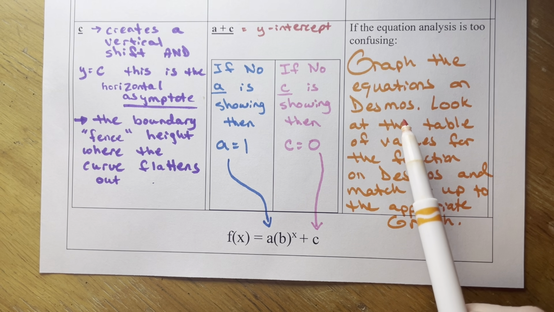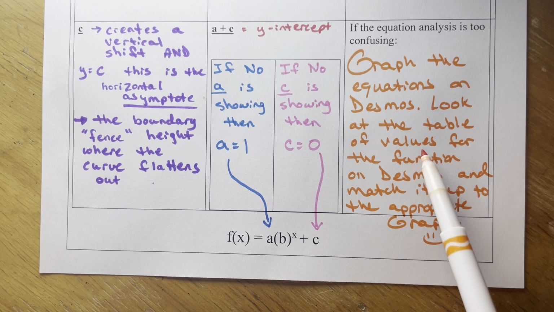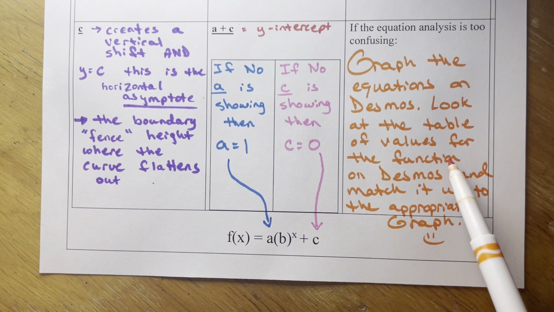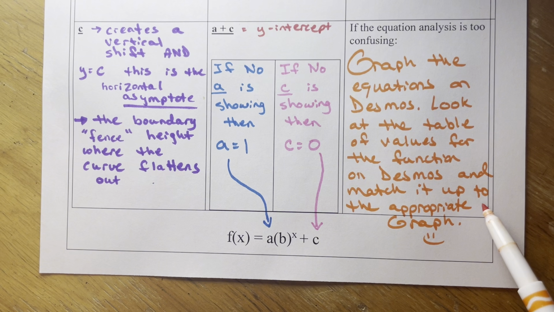After you graph it on Desmos, then you need to look at the table for the values, for the coordinate points of the function there on Desmos so that you can match it up to the appropriate graph of your 4 graph options.